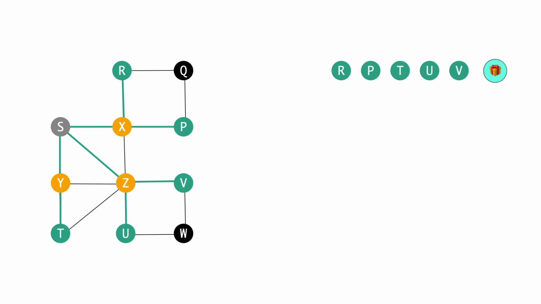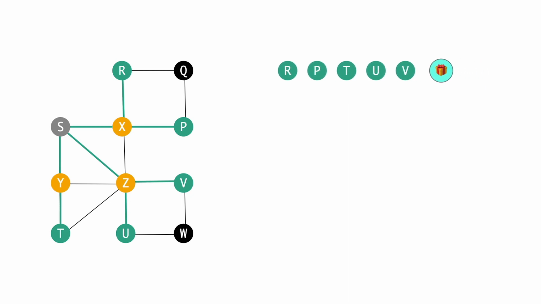The first vertex at the head of the queue is the vertex R, and R only has 1 unvisited neighbor, which is Q. So we identify Q and add it to the back of the queue, and then we let go of R. When we look at P and T, which are the next vertices in the queue, they have no unvisited neighbors, so we simply mark them as being processed.